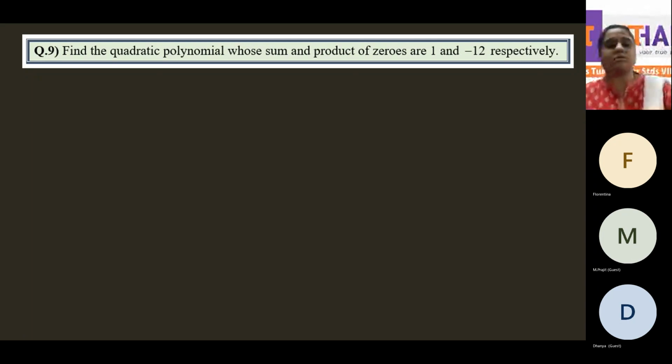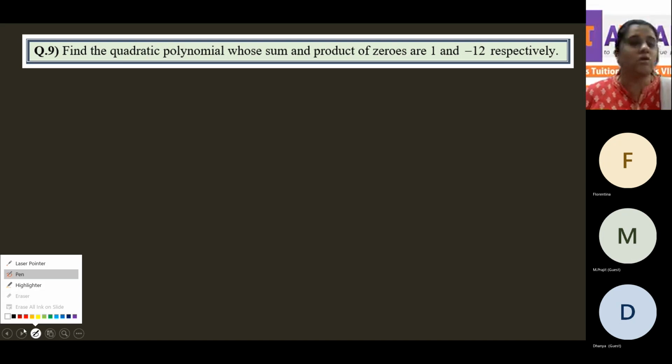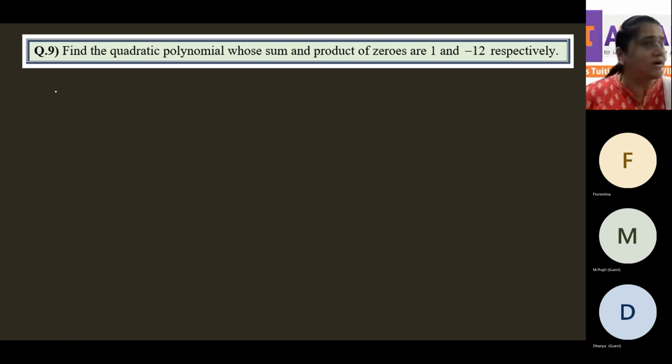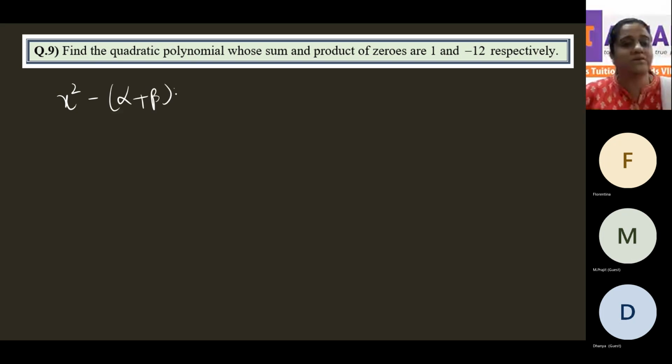So we'll recall how we construct a quadratic polynomial. Here we have to construct the quadratic polynomial. What are the two ways in which you can construct it? It is x squared minus alpha plus beta of x plus alpha beta.